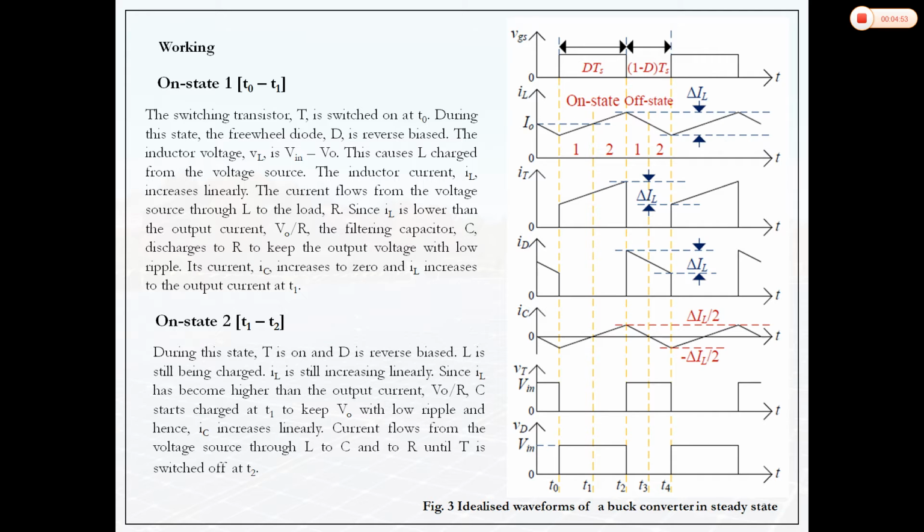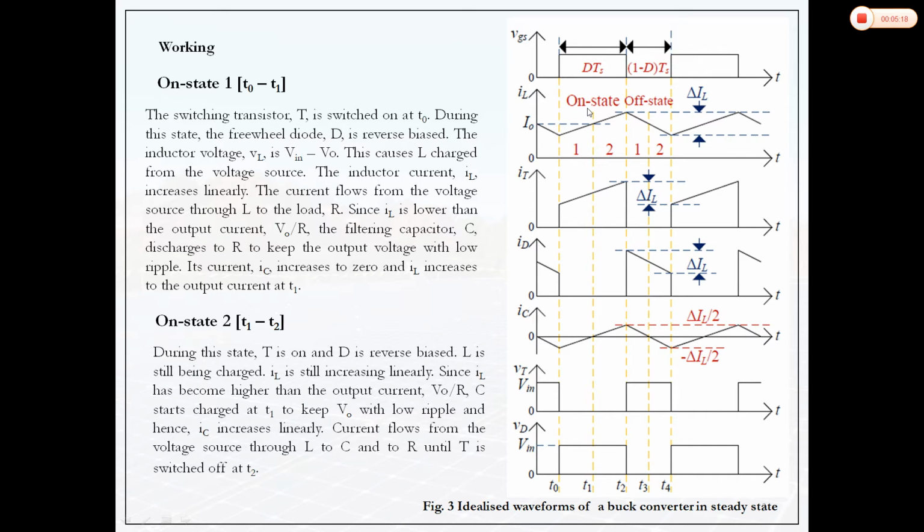When we supply VGS, the switch will be turned on. When we remove the VGS, the switch will be turned off. For D times TS, the switch is turned on, and for 1 minus D times TS, the switch remains turned off. So turn on time is DTS, turn off time is (1 minus D) TS.